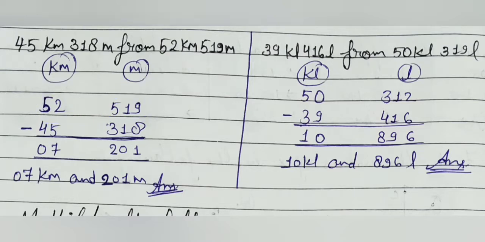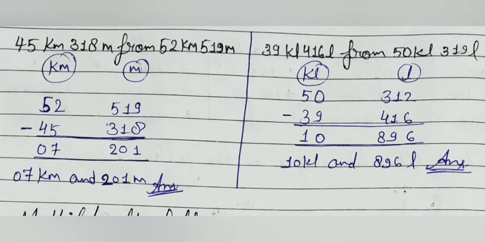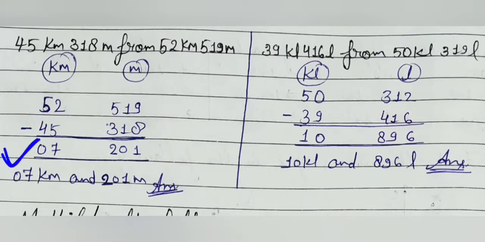Alright. And we have to subtract 45 kilometer 318 meter. So put 45 below the kilometer and 318 below the meter. Now this looks like your simple subtraction. So when you subtract this one from this one, your final answer will be like that.